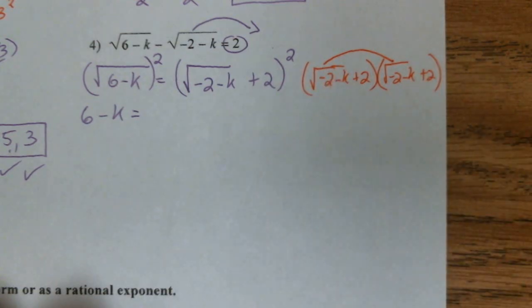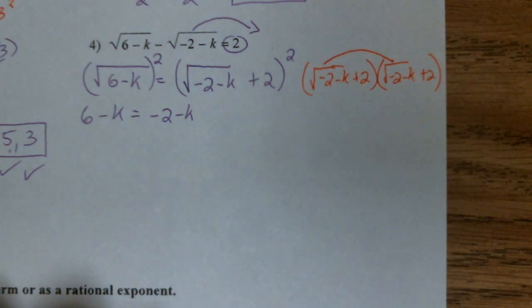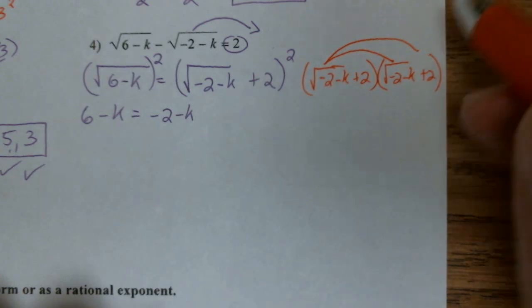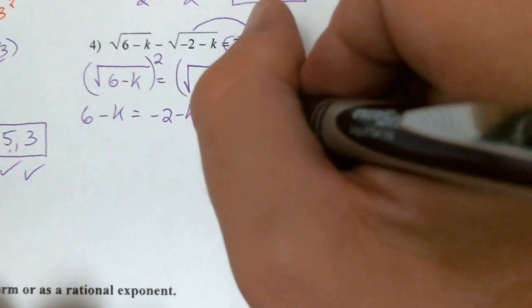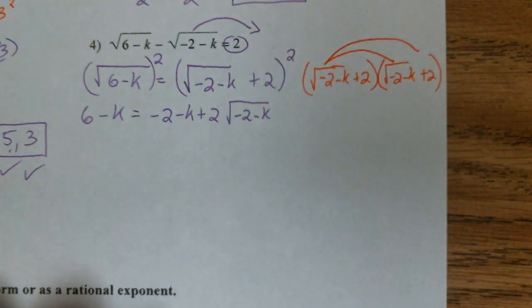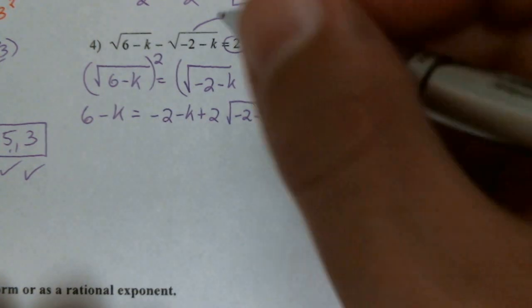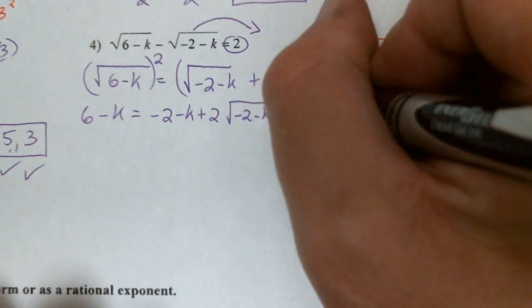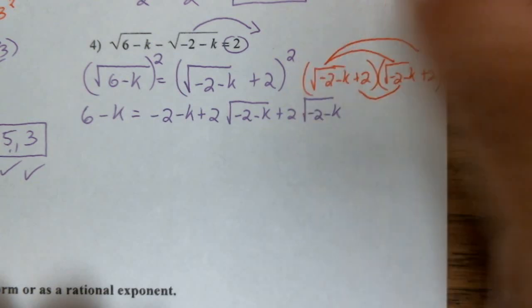That means the square root just drops out. So I'm going to be left with negative 2 minus k over here. Now when I do the outside, I'm going to have 2 times that, so plus 2 times the square root of negative 2 minus k. When I do the inside, I'm going to have the same thing: another 2 times the square root of negative 2 minus k.